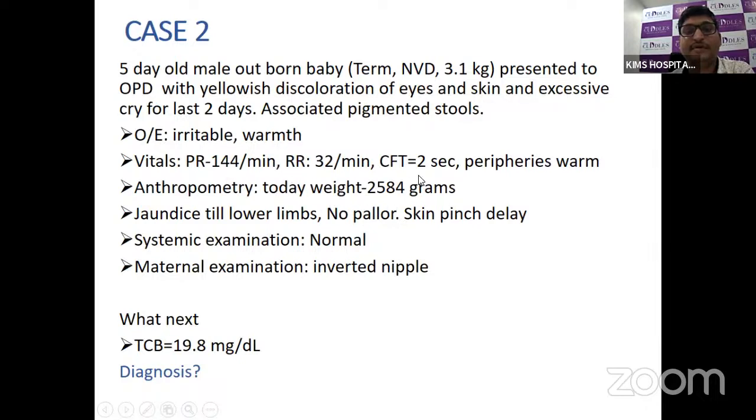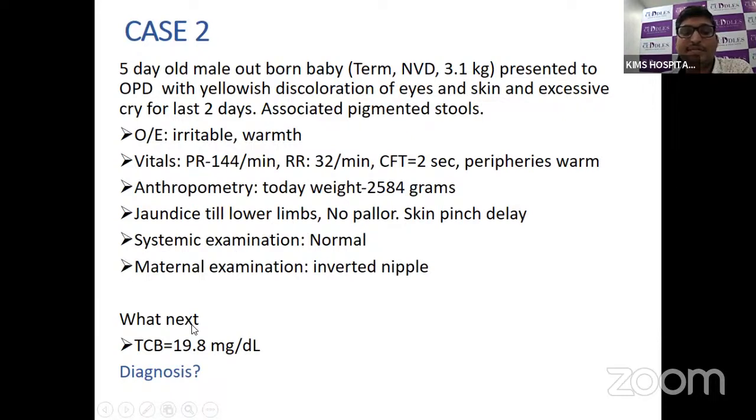Looking at the weights, this child has inadequate feeding and excessive weight loss, more than 20%. On examination, there is jaundice till the lower limbs and pallor. On maternal examination, there is a risk factor of an inverted nipple as well.